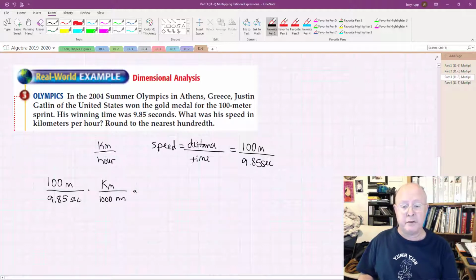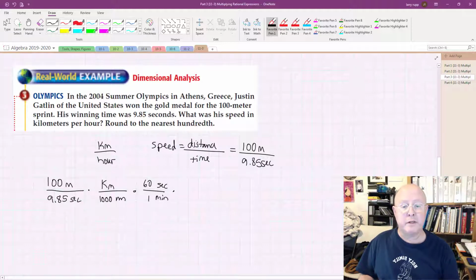And now we need to convert seconds into hours. Okay, well, let's first convert seconds into minutes. So in order to convert seconds into minutes, seconds are on top, so we have minutes down here. So how many seconds are in 1 minute? There's 60 seconds per 1 minute. All right, well, now we have it in minutes.